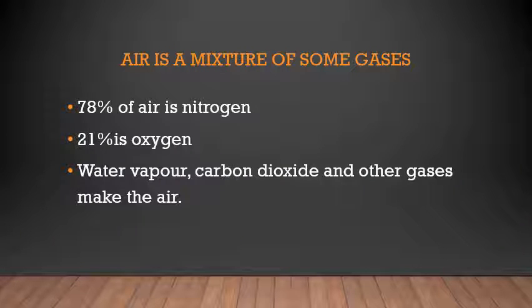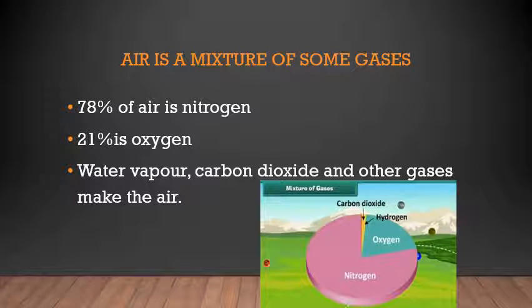Now, this atmosphere or this layer of air is a mixture of different gases. It is not only made of one gas, it is made of different gases and different particles that are present in the air. 78% of air is nitrogen.